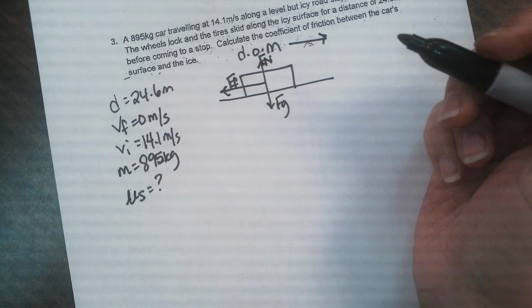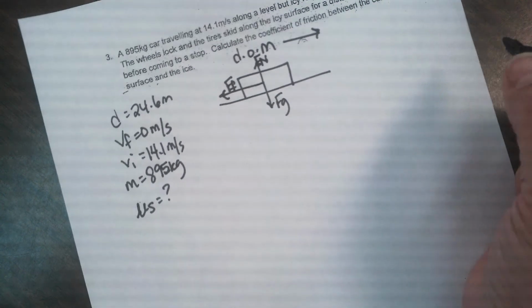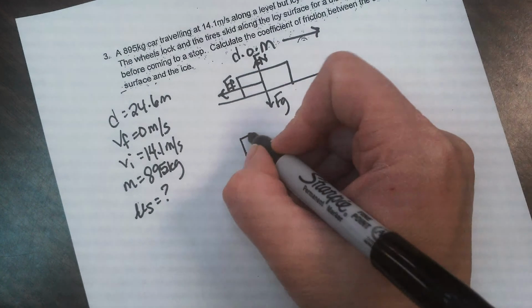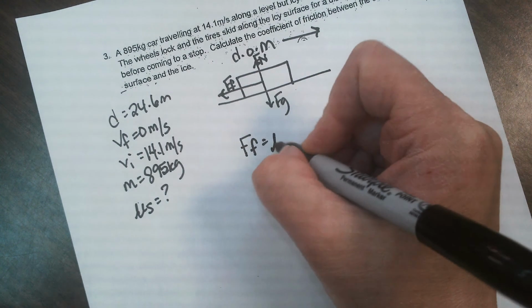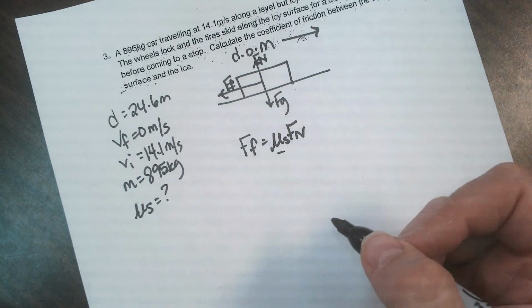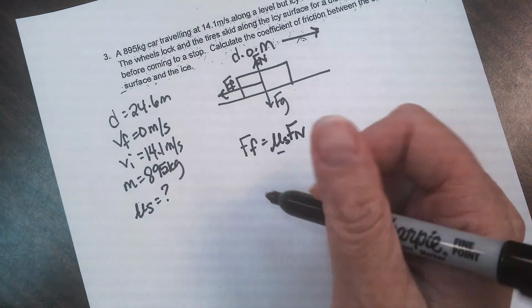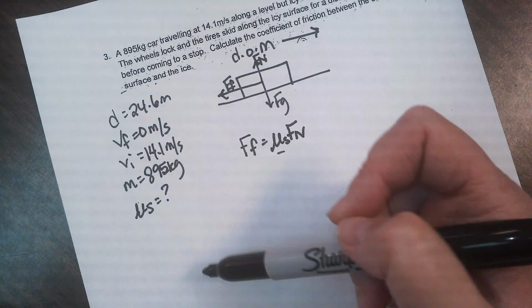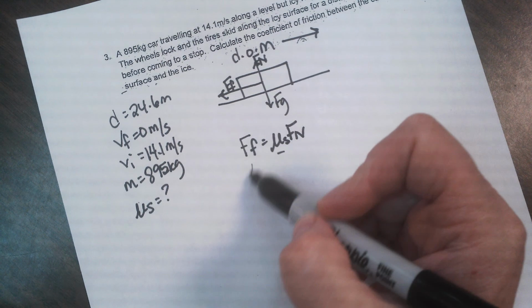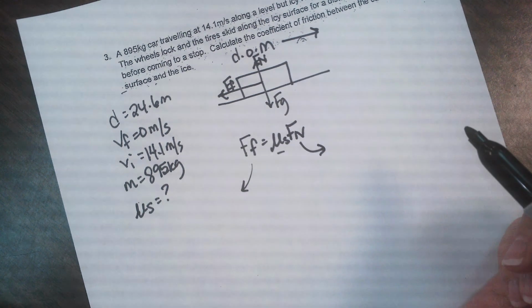And we need to calculate the coefficient of friction. So how do we solve the coefficient of friction? Right now, this is the only formula we know to solve for the coefficient of friction. Do we have force of friction? Nope. Do we have force normal? Nope. We need to solve for both of those.